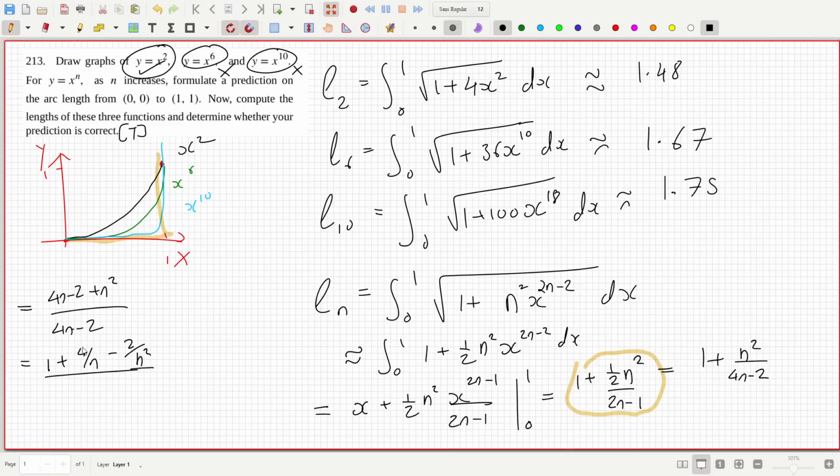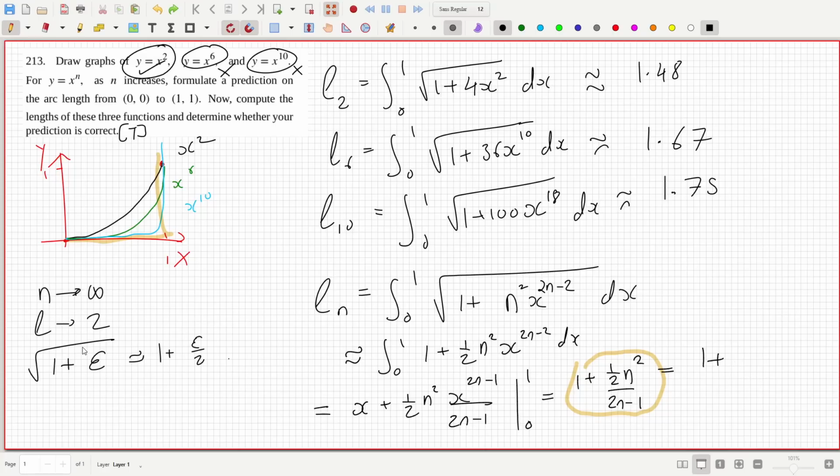Increase the power by 1, divide by the new power, put in 1 and put in 0. So it's just about putting in 1. So half n squared over 2n minus 1. Let me just see what you would get for the different values.